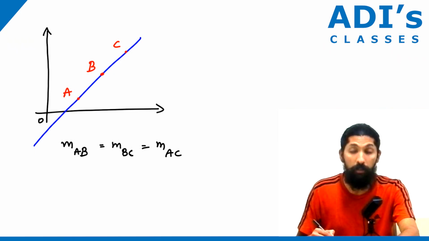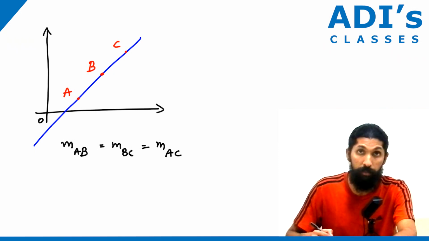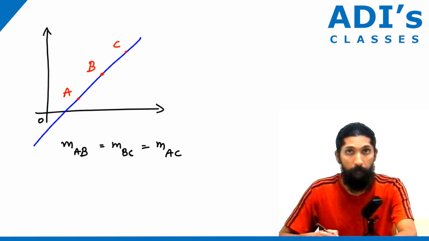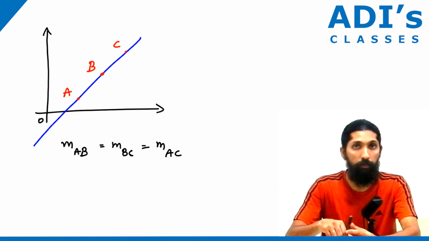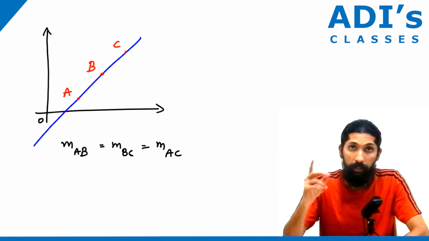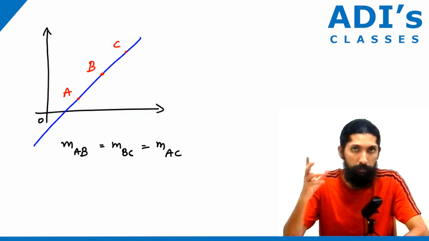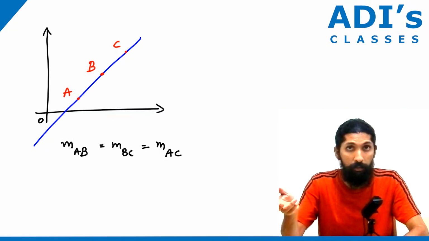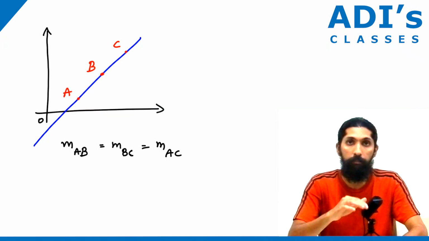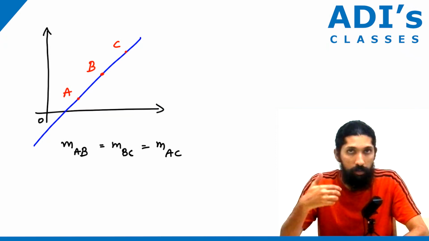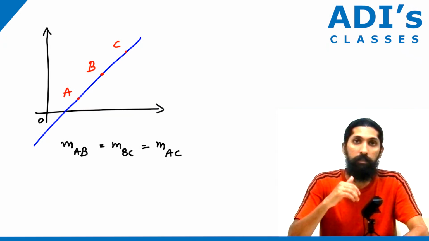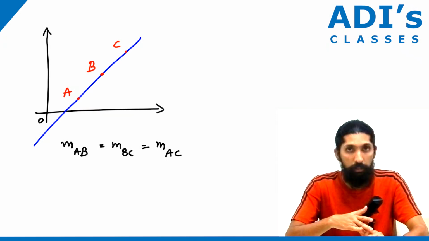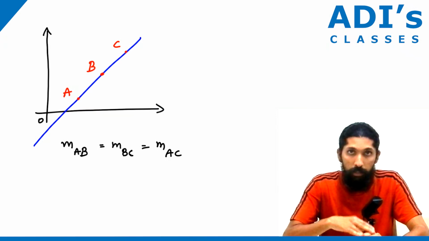This is basically the use of slope, especially in solving problems. Whenever you have intersecting lines, or any sort of lines, parallel, perpendicular, or collinear points, we can make use of these concepts of slope and easily solve the problems. So in the next video, we'll look into the problems related to slope.